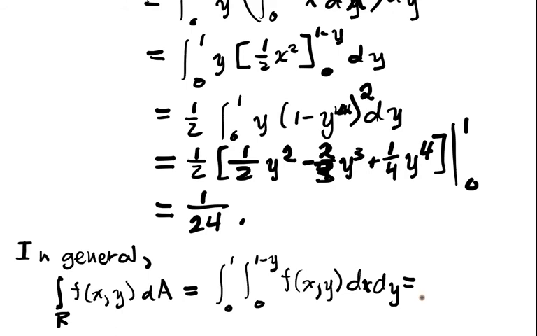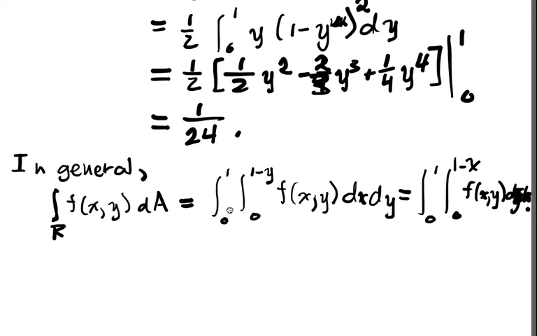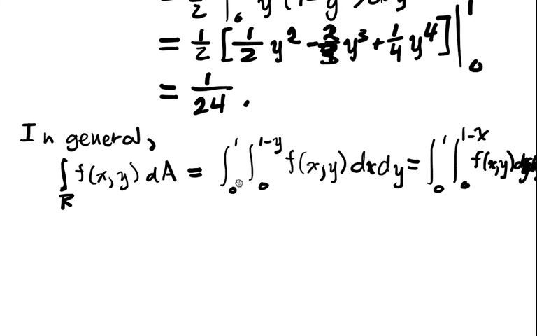And I can also write it as the integral from 0 to 1, integral from 0 to 1 minus x, f(x,y) dy dx now. In summary, we can integrate over non-rectangular regions by using nested integrals, but the only thing that changes is that the limits are now functions, and those functions are defined by the functions imposing the boundaries on the region.